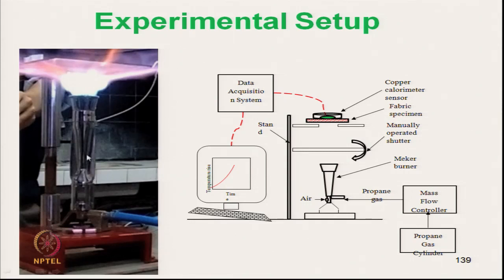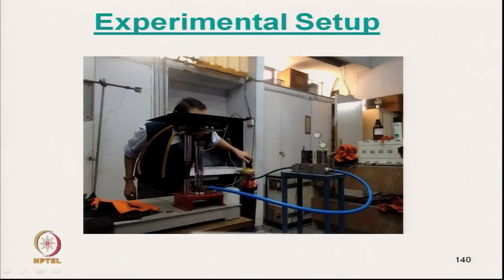From the bottom of the fabric specimen, the flame is exposed, and on the other side is the skin simulant, the heat sensor, and the computer records the level of temperature increase with time. Okay. This is the experimental setup.